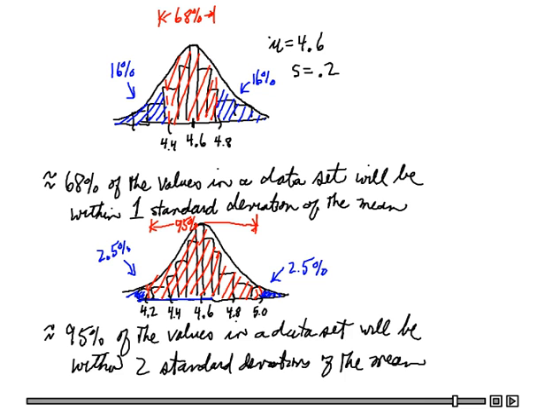What percentage of the Hershey Kisses would be greater than 5 grams? 2.5%. The empirical rule says that almost all of the data is within 3 standard deviations. If the distribution is mound-shaped, almost 100% of the data will be within 3 standard deviations. And the book defines any data value that is beyond 3 standard deviations of the mean, either on the top end or the bottom end, to be an outlier.